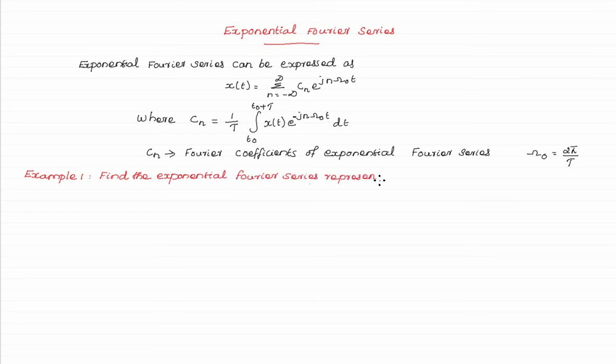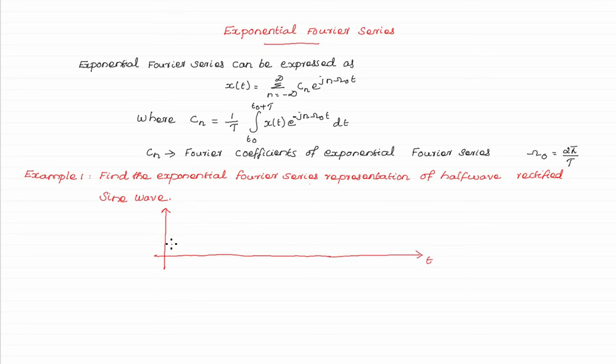Now we are going to find the exponential Fourier series representation of a half-wave rectified sine wave. We know that a half-wave rectifier passes the positive half cycle of the signal and removes the negative half cycle of the signal.